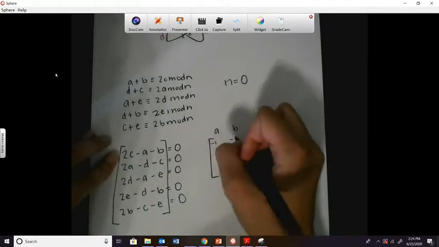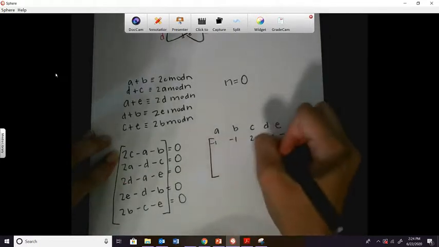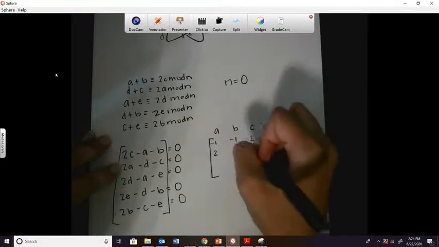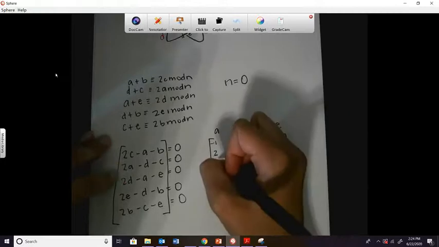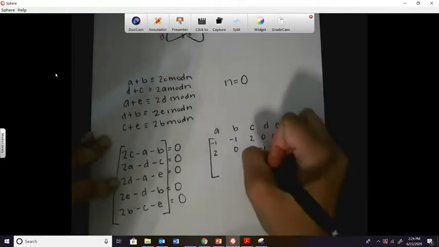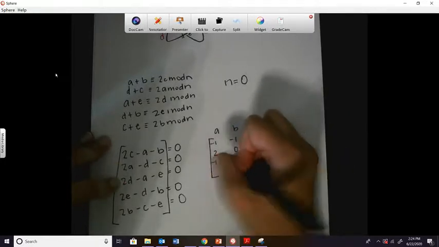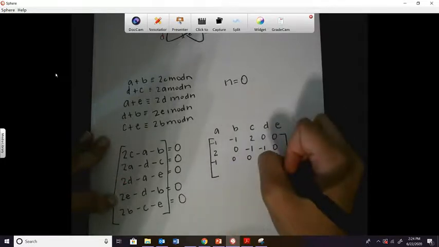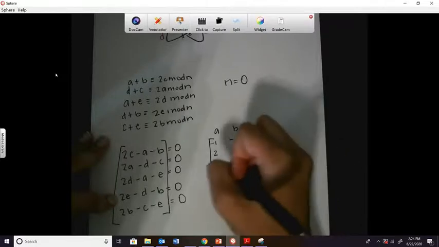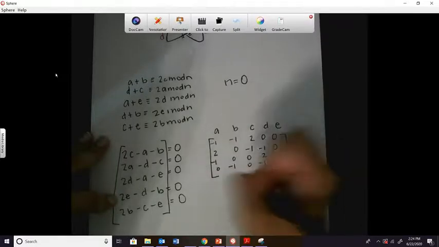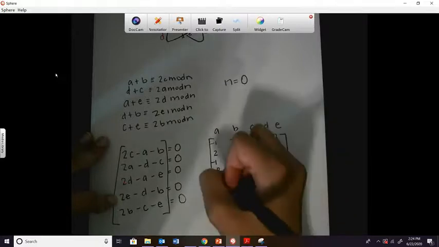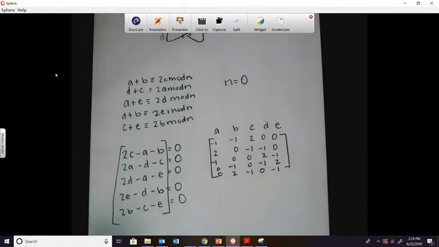So as I fill in my coefficient matrix, I'm going to have a number of zeros that are going to be filled in. 2, -1, -1, 0, 0, and 2, -1, -1. So there's my coefficient matrix.